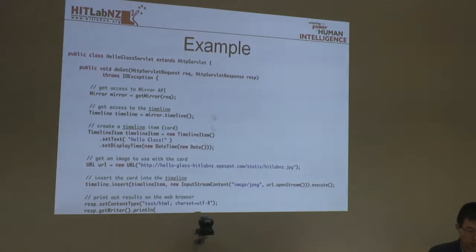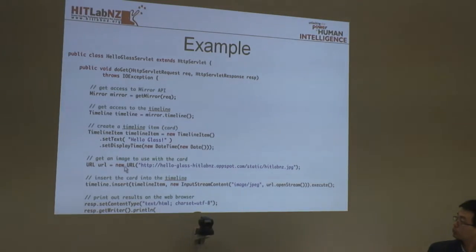This is a sample Java servlet written in Java. What it does is first get access to the Mirror API and get access to the timeline, which is your user's timeline on your Glass. Then you create a timeline item, which is a static card, so to say, and set the content, such as the timestamp.